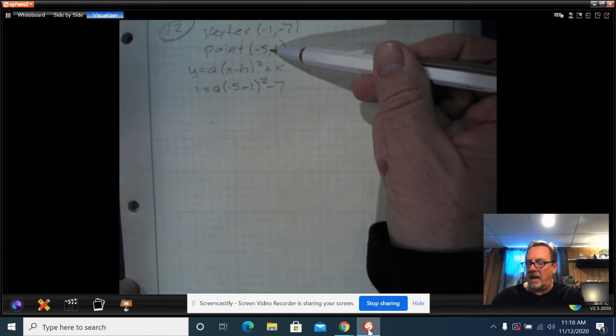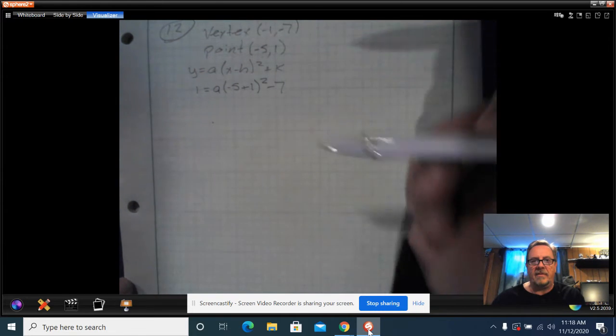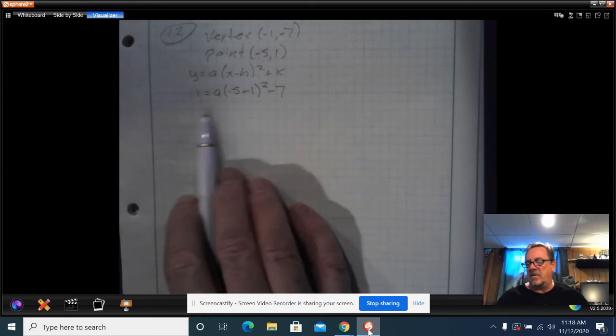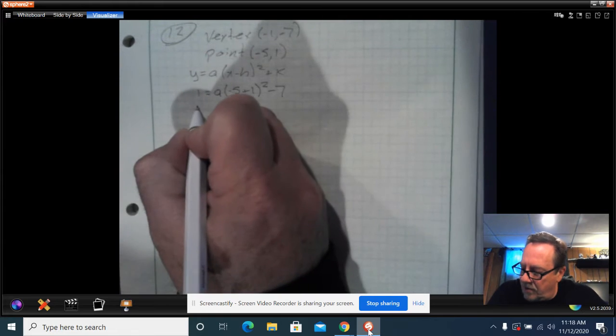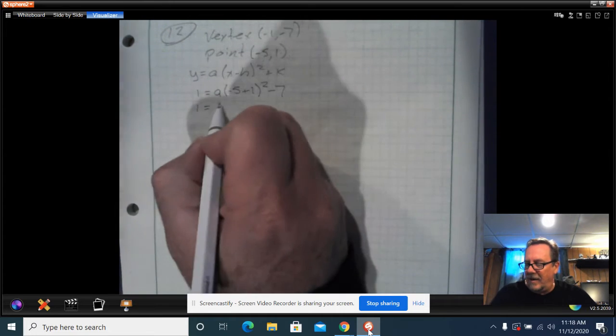I replaced my h with -1, and I replaced my k with -7. And the reason I do that is because that leaves me with just one variable here, so I can pretty easily solve for a. Let's do some math. So 1 is equal to -5 plus 1 is -4. If I square that, I get 16.